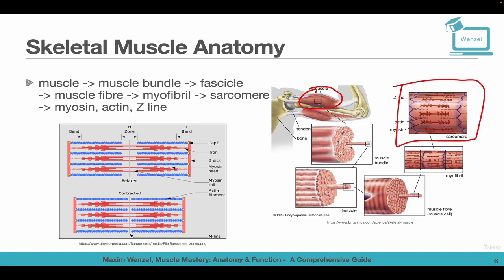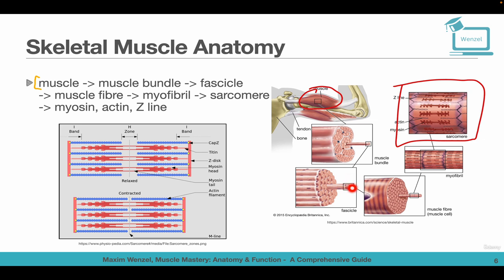At first we have the big muscle. As you can see here, we are starting at the muscle. This is our big muscle. When we look into how the muscle is built, at first we will see muscle bundles, because a muscle consists of many different muscle bundles. When we take a look at how a muscle bundle is built, we can see it consists of different fascicles.